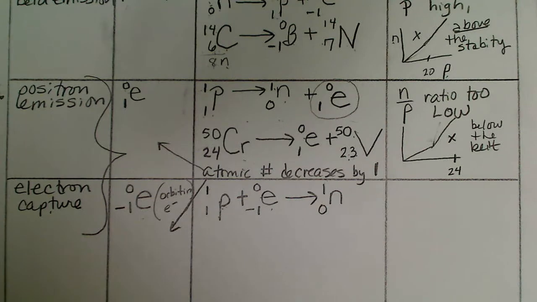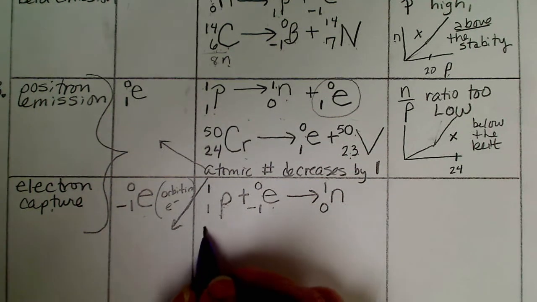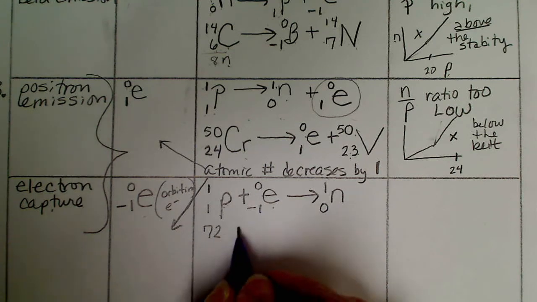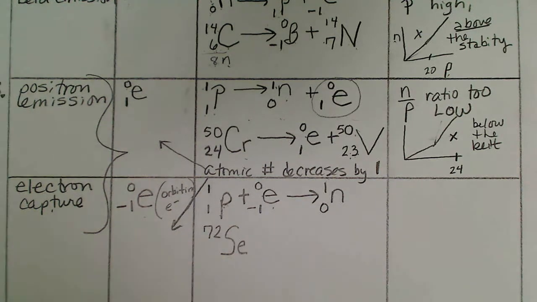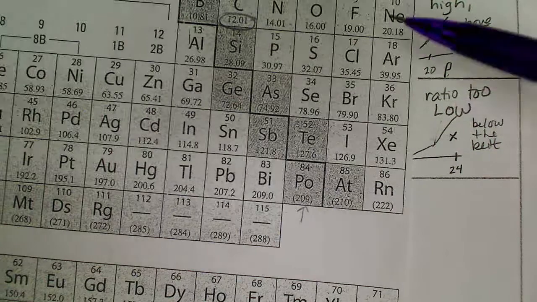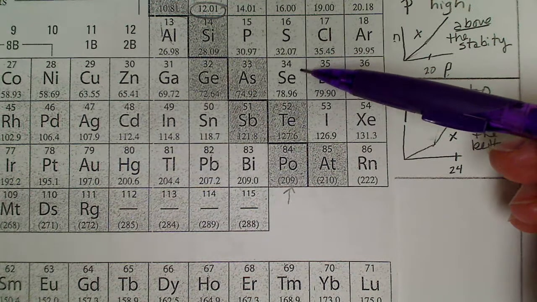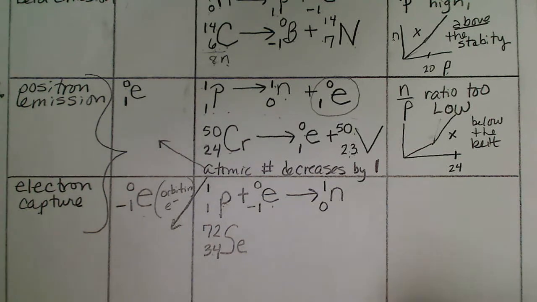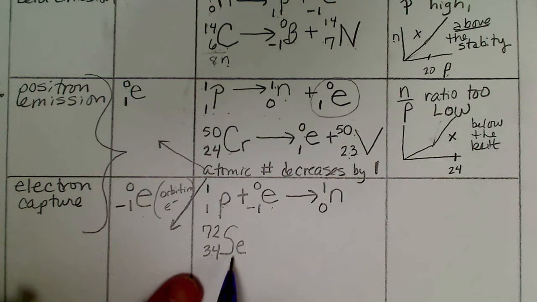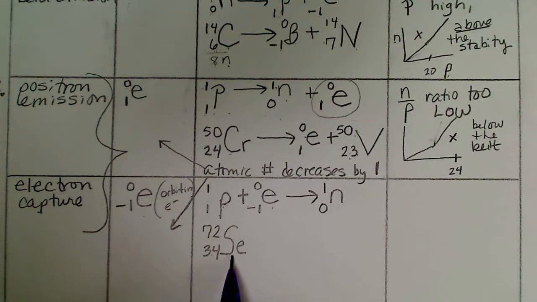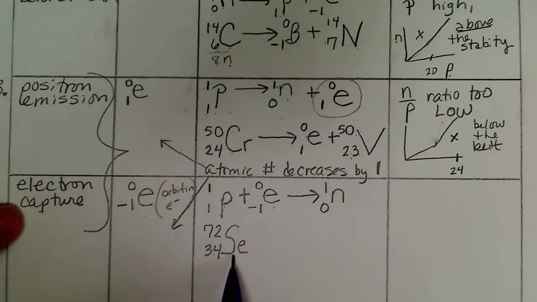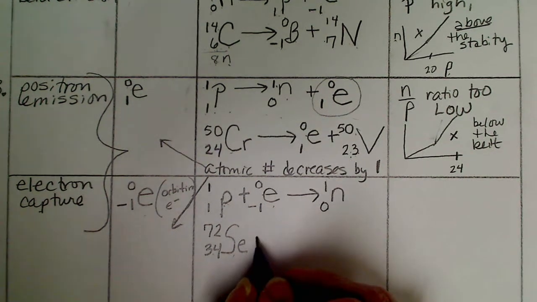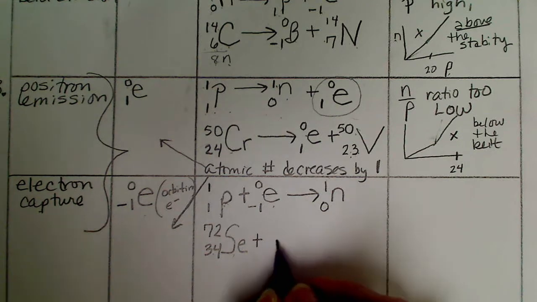The example I'm going to use for this is selenium-72. So if we're given just the symbol selenium-72, we've got to figure out what the charge is, or what the atomic number is. So selenium is element number 34. So that has 34 protons in the nucleus. And if we're told that selenium undergoes decay by electron capture, the nucleus has to actually grab an electron. So it grabs an orbiting electron.